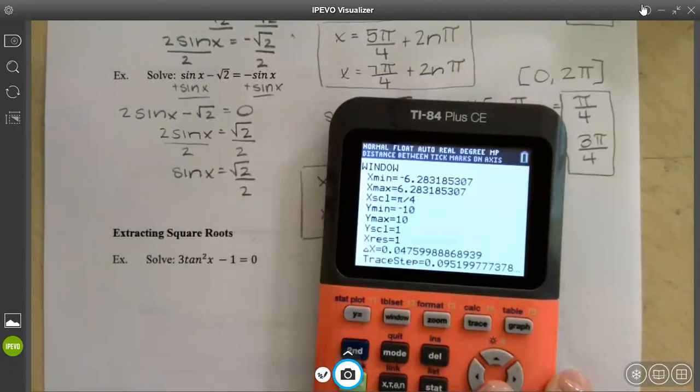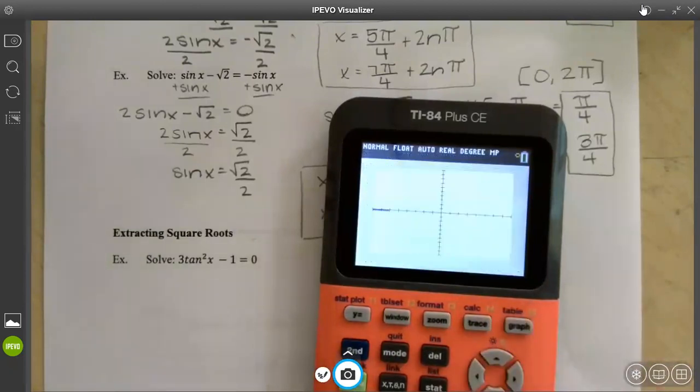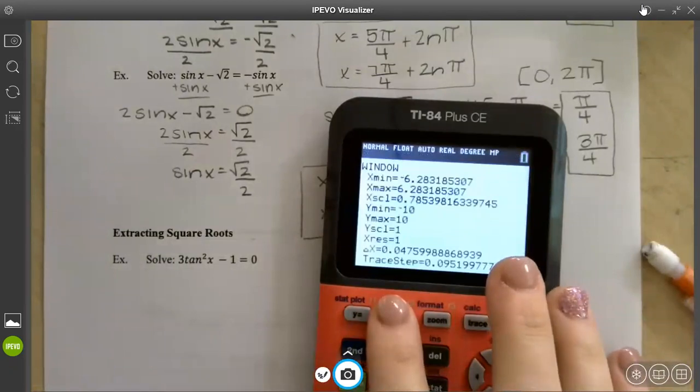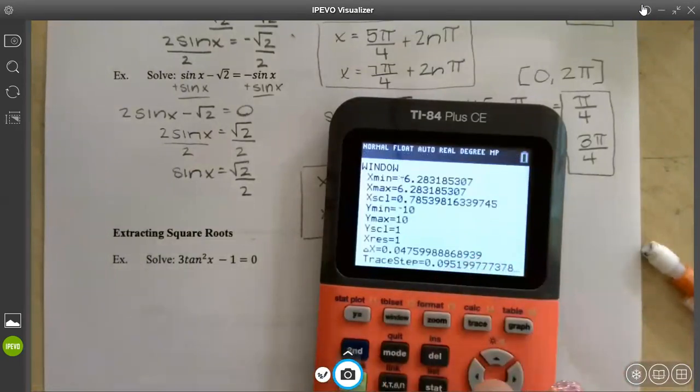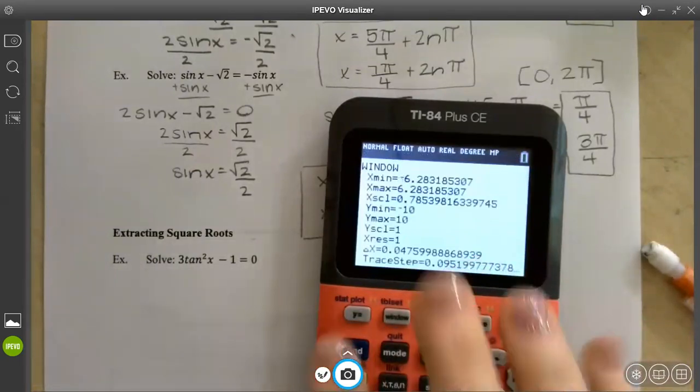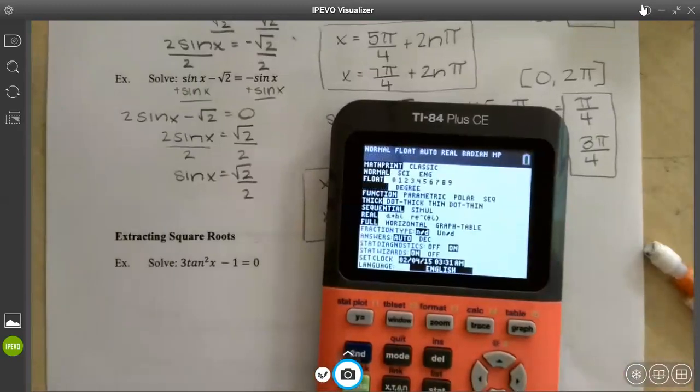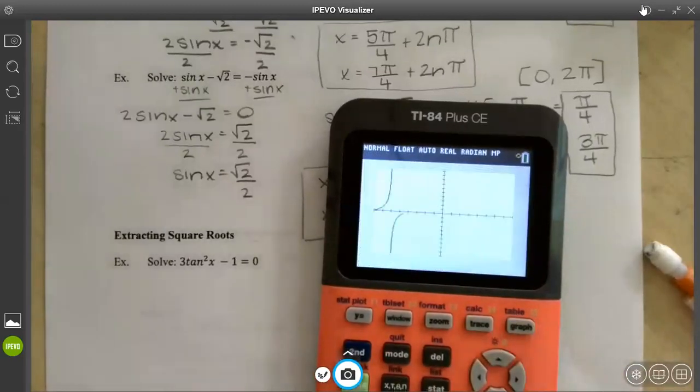You go pi over 2, it doesn't matter. And then those don't matter, so let's graph it. Nope, hold on. Sorry, I had to reset the calculator.